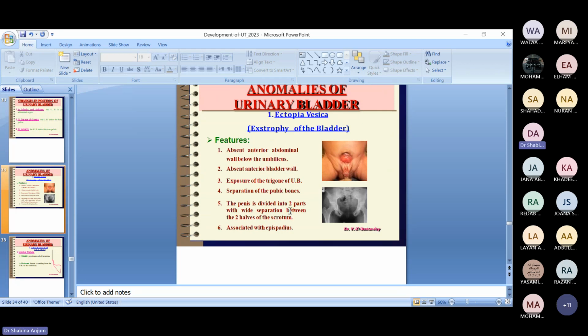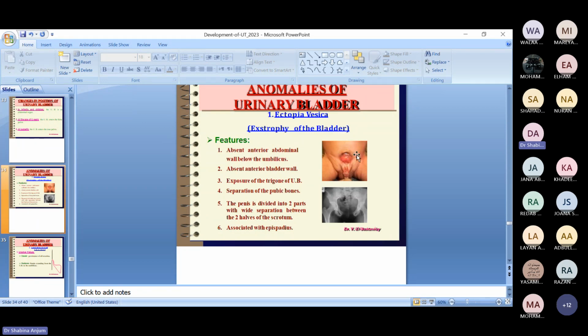What could be the conditions or congenital anomalies of the urinary bladder? You will see a condition which is called ectopia vesicae or exstrophy of the bladder. Here you can see that the abdomen is open, the urinary bladder is open to the abdomen.